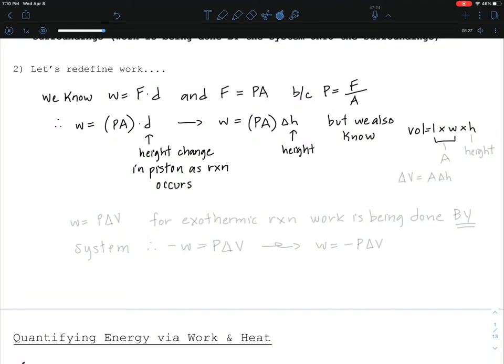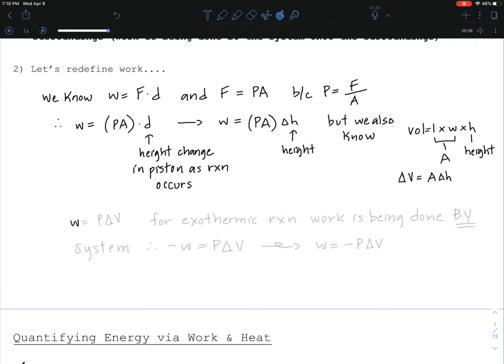This right here is the area, that cross-sectional area, and this right here is the height that's going to change, right? In our piston, the cross-sectional area stays the same. The height is the thing that's going to change. So in other words, the change in volume is going to be equal to the area times delta H.